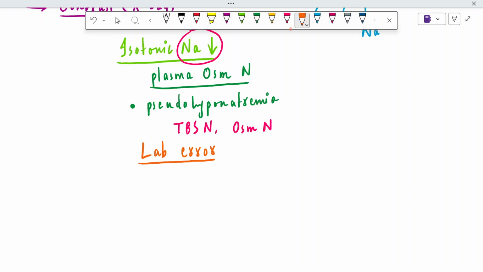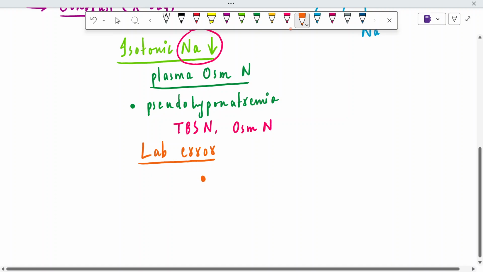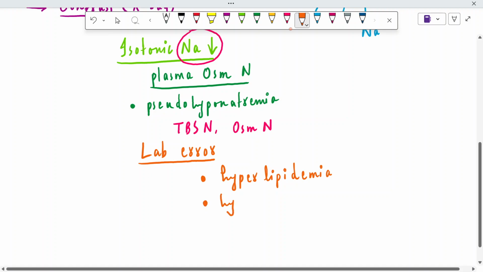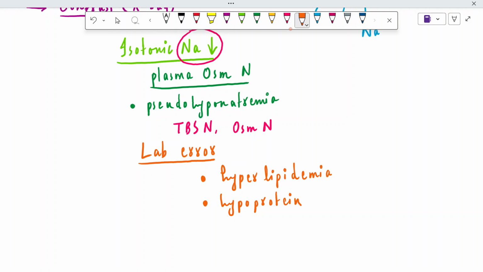Either the lab instruments are dysfunctioning, or the other reason is the presence of other molecules. For example, hyperlipidemia, and also the next condition, hyperproteinemia. A large amount of proteins or lipids present inside the bloodstream can alter the calculation for the sodium.